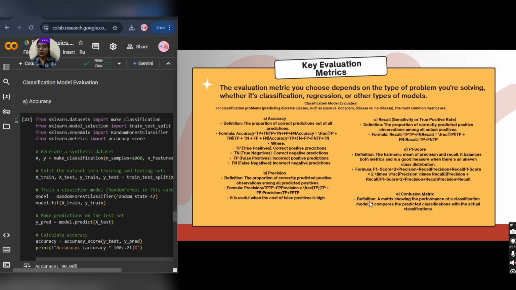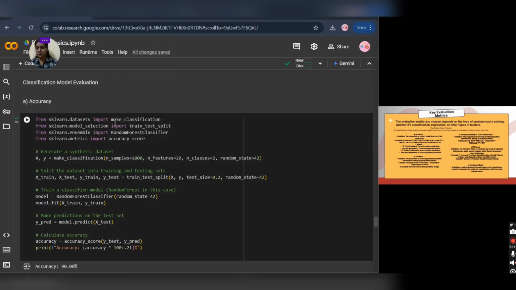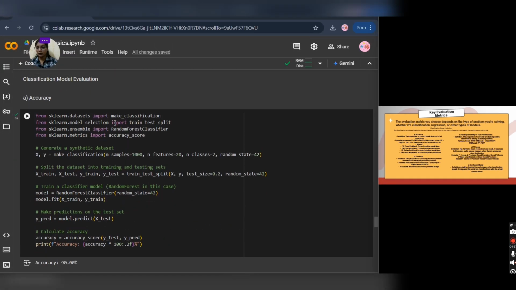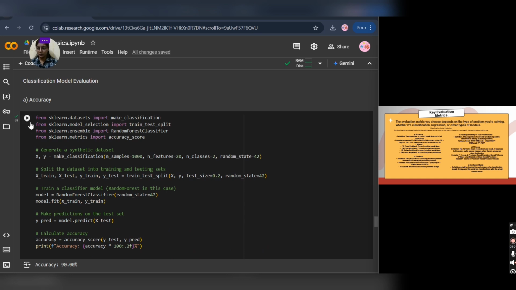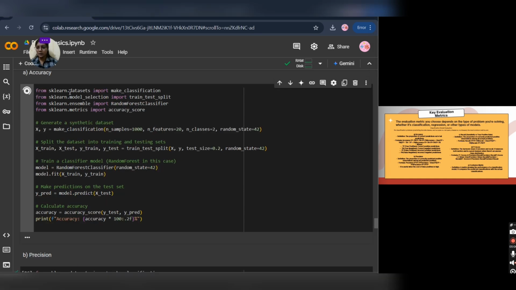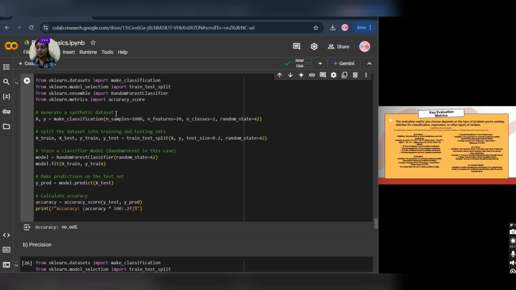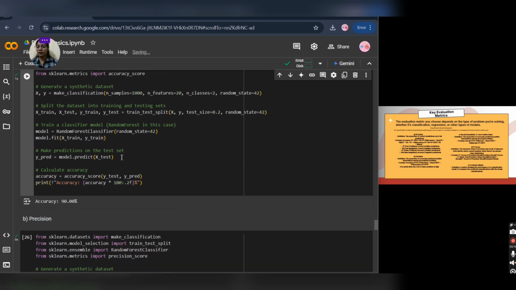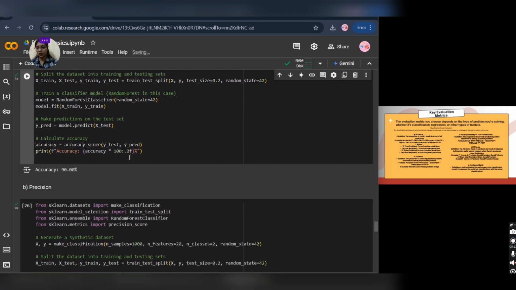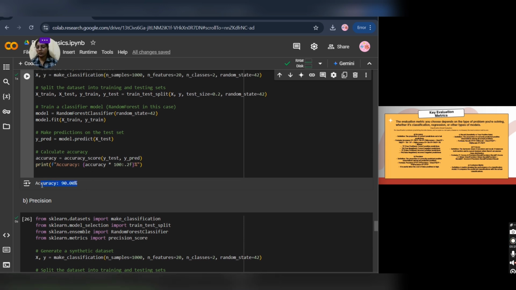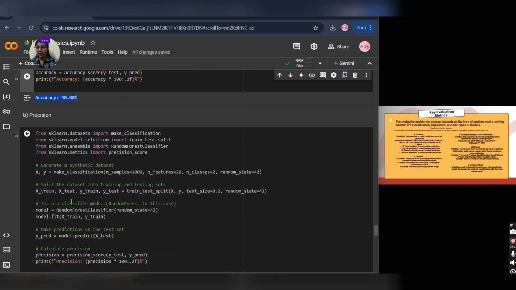Before understanding these metrics, let us first run codes for the metrics that are used for classification problems. For the accuracy metric, in the code, we are importing some libraries and generating a synthetic data set, splitting the data set into training and testing sets, then making predictions on the test set and calculating the accuracy of our test. So the accuracy for this is 90%.